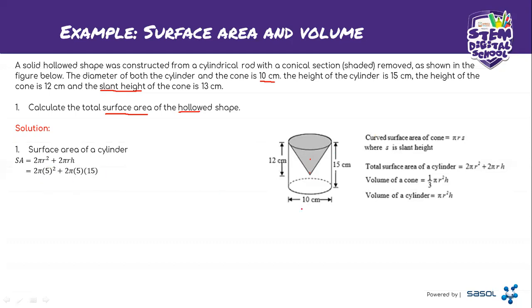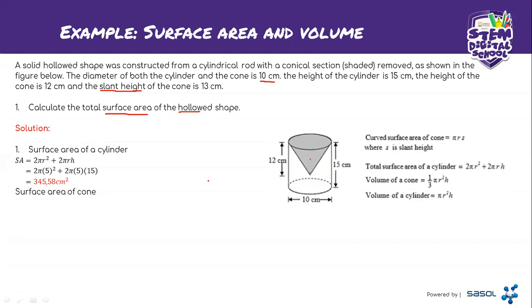Remember, we had a diameter which is 10 centimeter, but now we want a radius, and then of course it's going to be 5, and then the height is equal to 15. Then you press your calculator, and it's going to give us 345.58 centimeter squared.